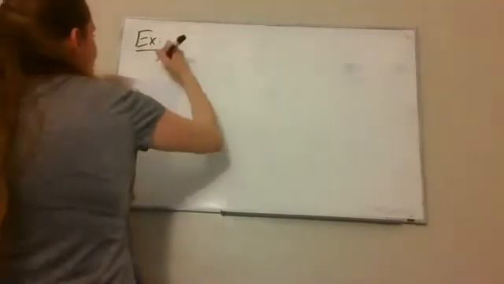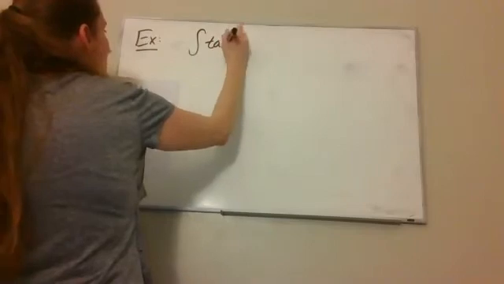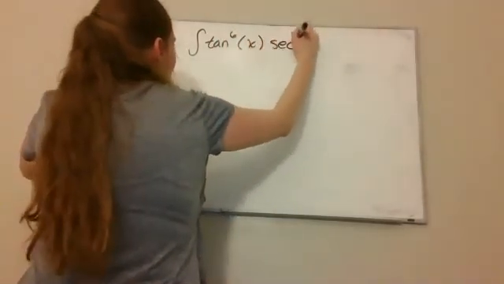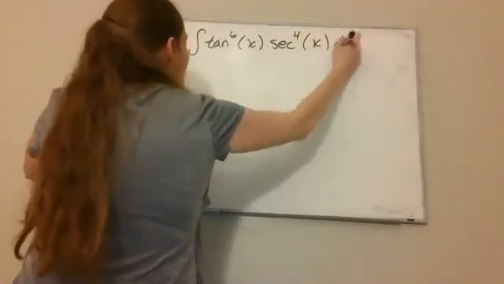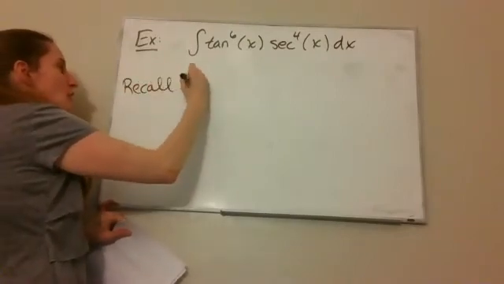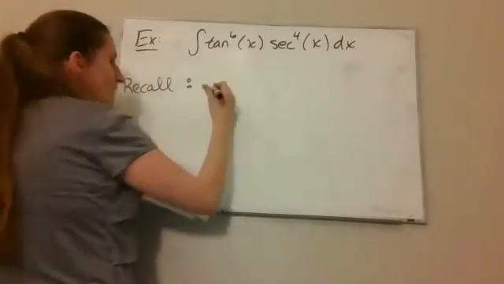Let's evaluate the integral of tangent to the 6th of x times secant to the 4th of x dx. And I'm just going to remind us of a trig identity that uses secants and tangents.